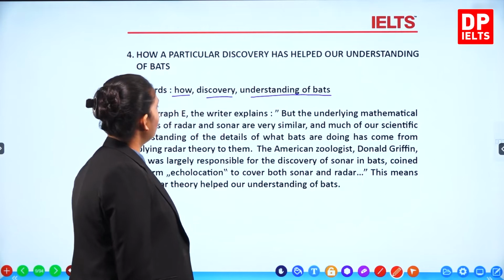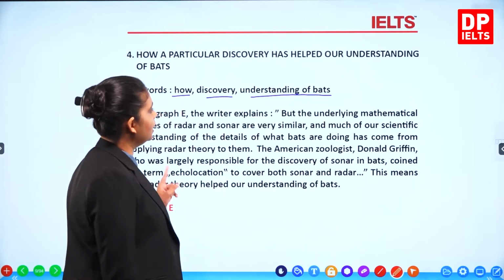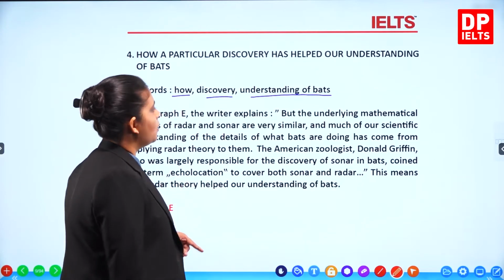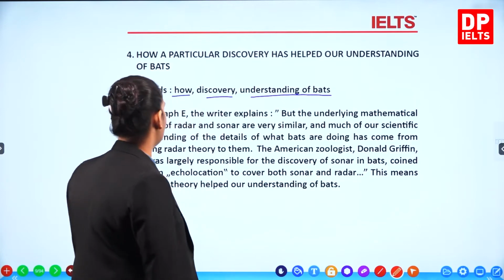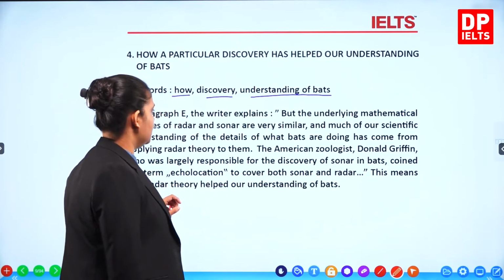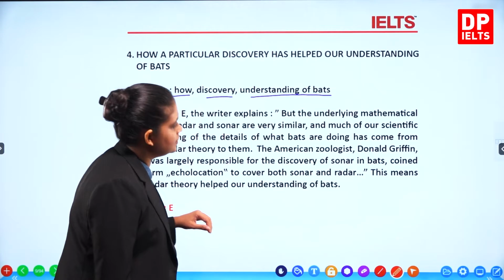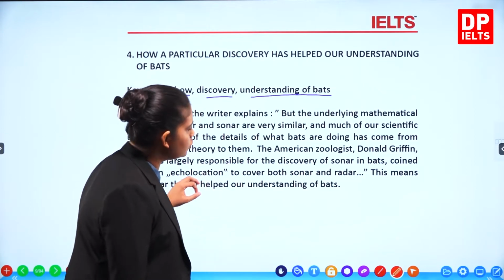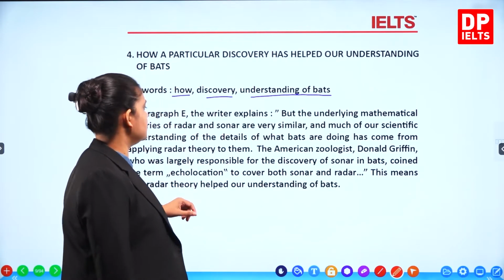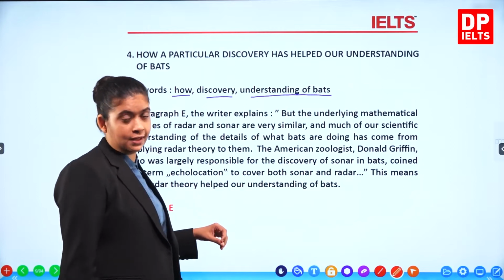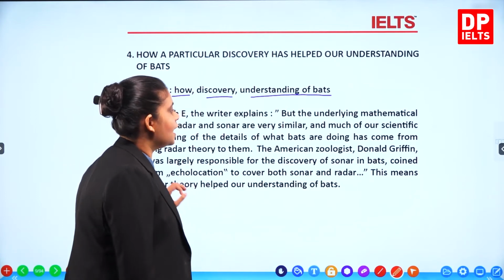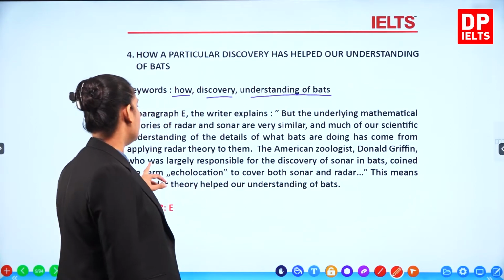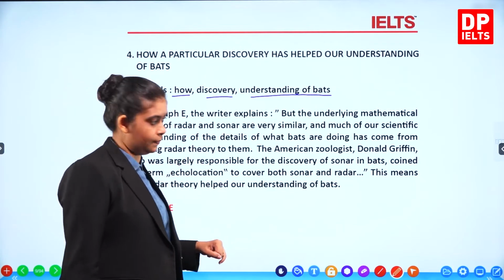In paragraph E, right, the writer explains, but the underlying mathematical theories of radar and sonar are very similar, and much of our scientific understanding of the details of what bats are doing has come from applying radar theory to them.